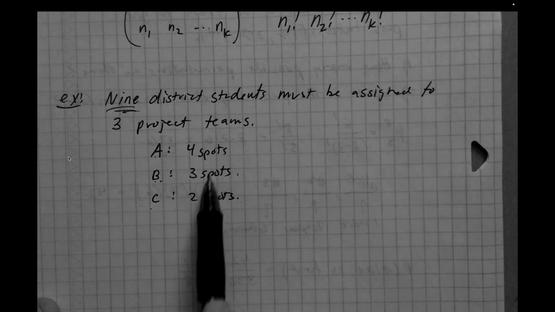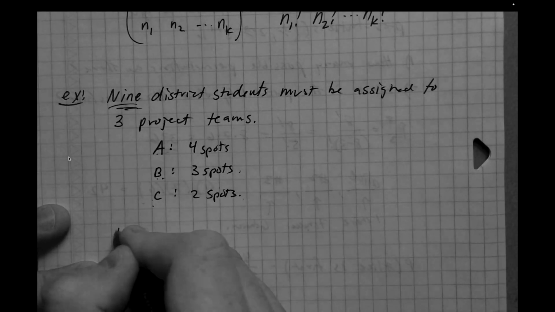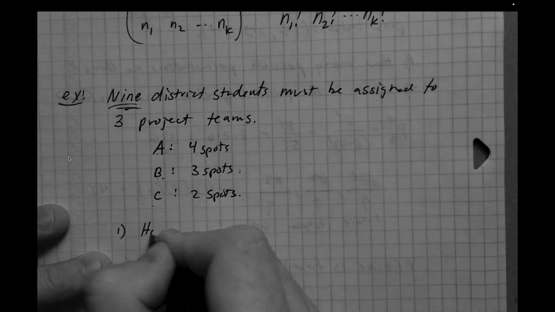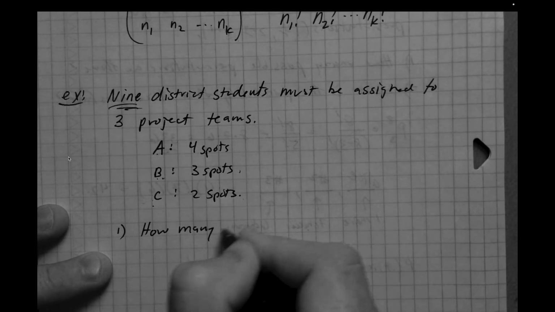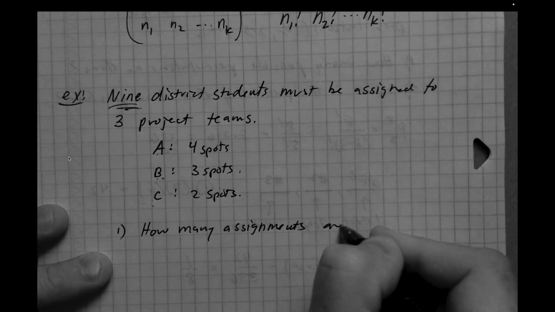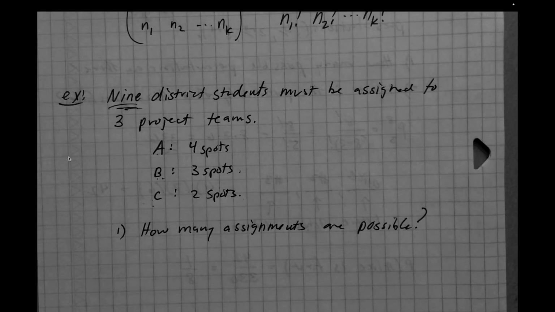And they have different sizes, the teams. Okay, and so 2 questions. The first question is, how many assignments are possible? Well, let's start with that one, and then I'll introduce the second question.